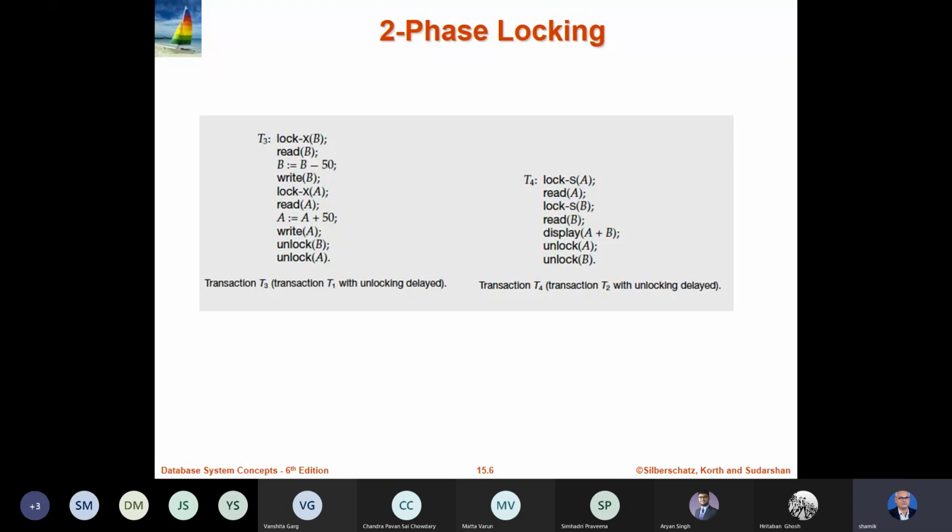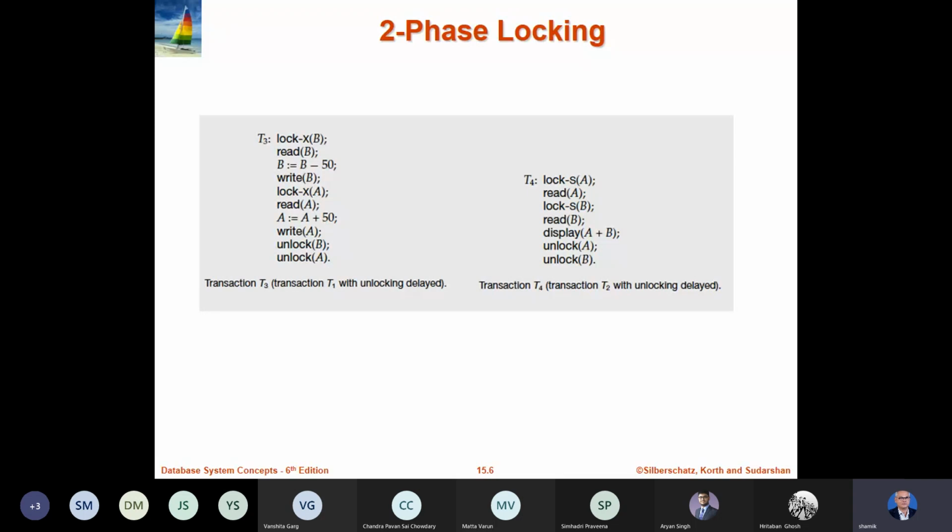So there is a phase, often called the growing phase or locking phase, in which the locks are actually acquired by a transaction on various data items. Then, once it starts releasing the locks, we say that the shrinking phase or the unlocking phase has started for the transaction. And once that phase has started, it cannot acquire any further locks.